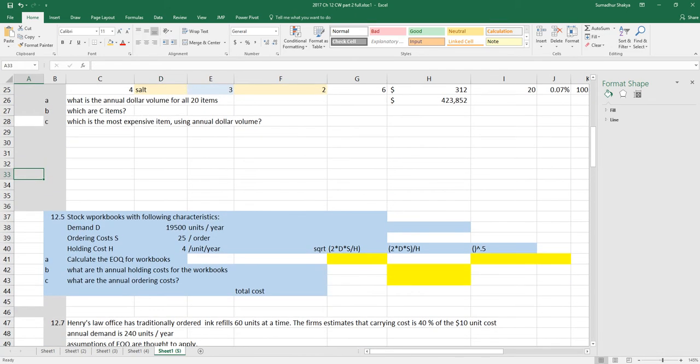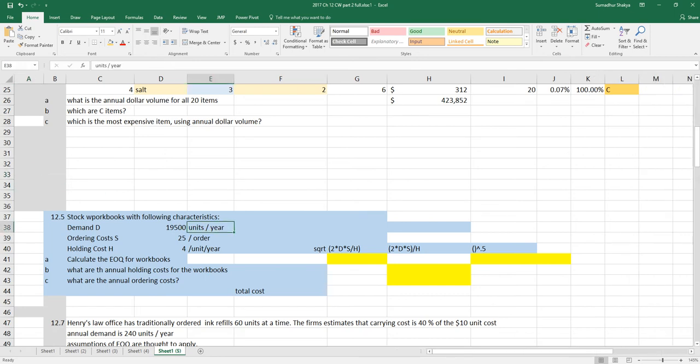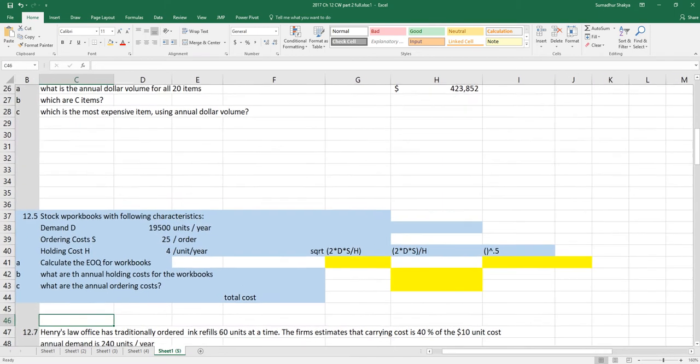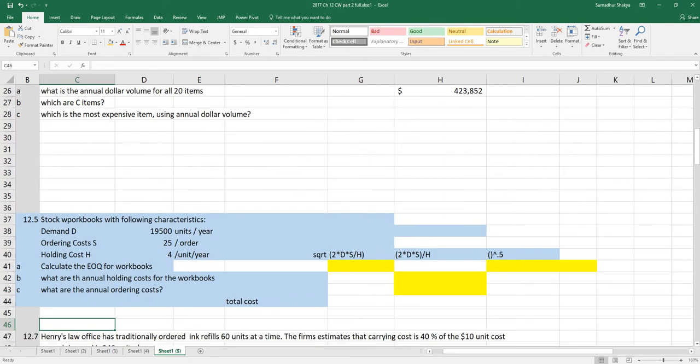Let me read it. For the question that we have, we are given the stock workbooks with the following characteristics, when the annual demand is 19,500 units a year. So this is D. The ordering cost for placing one order is $25, and the holding cost, which is the cost of storing one workbook for a year, H, is given to us.